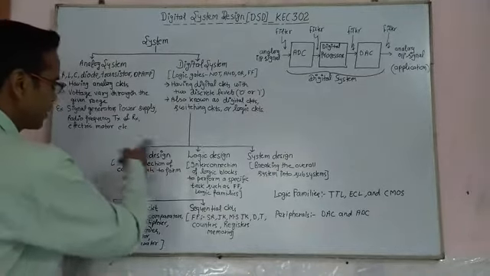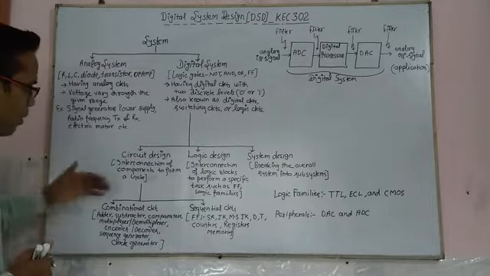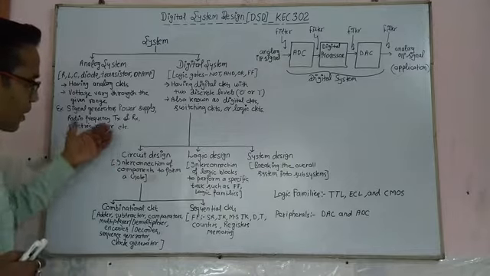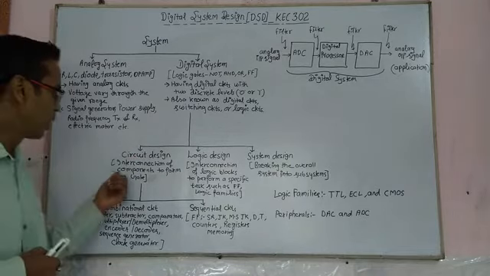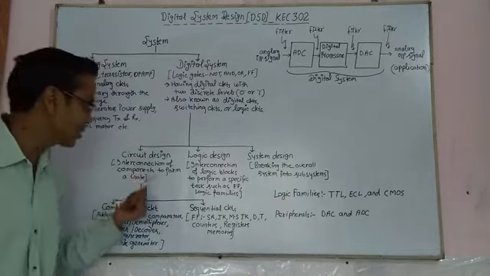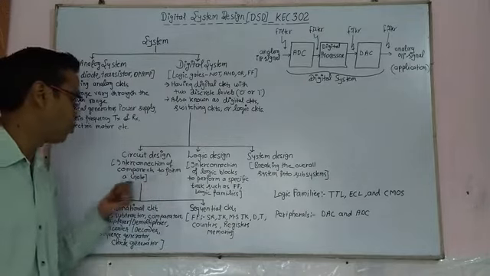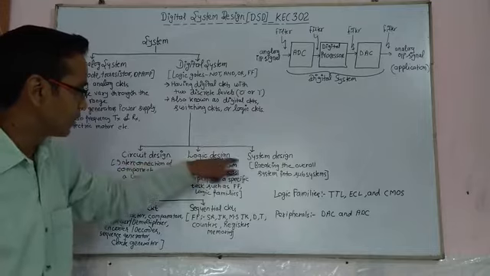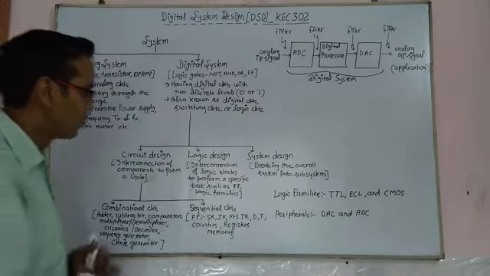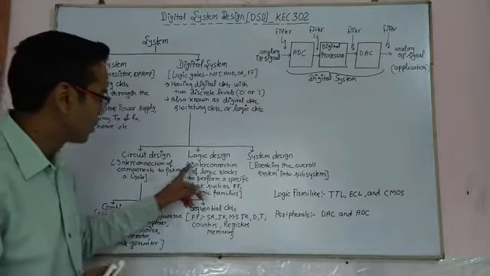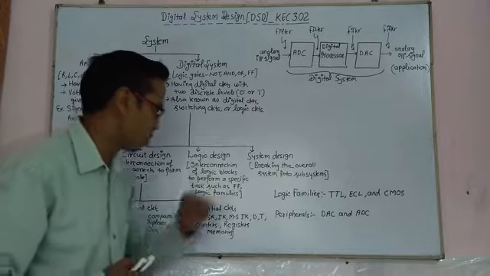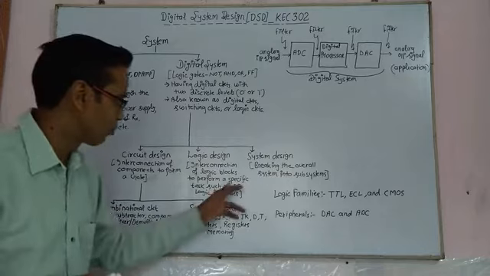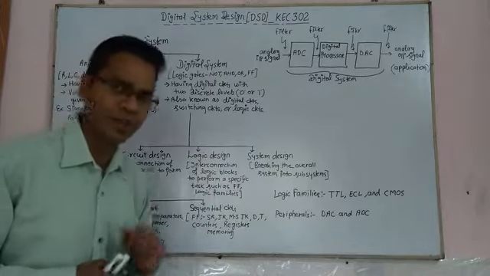In circuit design we will study how the components are connected to form a gate. Under logic design we will study the interconnection of logic blocks to perform a specific task, such as flip-flops and logic families.